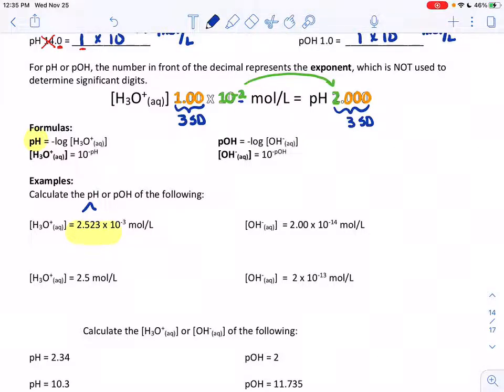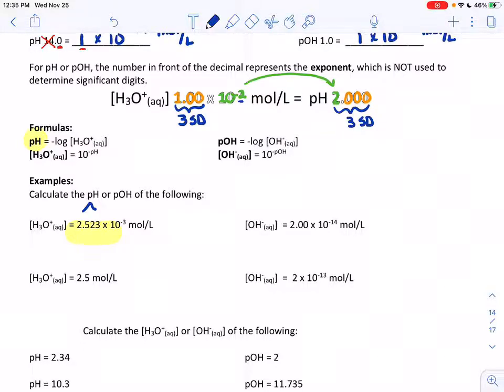So after you type in 2.523, hit your second button, and then the comma, which is the number above the 7. You should see an E appear in the older versions of the graphing calculator. The newer ones, I think, have 10 to the power. It shows up with 10 and then a little spot for the exponent. And then you're going to type in the exponent, minus 3. Okay, close your bracket. And you end up with the, in this case, pH.